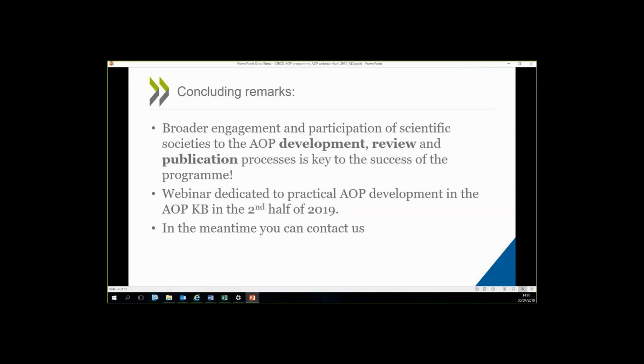A broader engagement and participation of scientific societies in the AOP development, review, and publication processes are key to the success of the program. In the coming months, likely in the second half of 2019, there will be another follow-up webinar dedicated to practical AOP development in the AOP knowledge base.